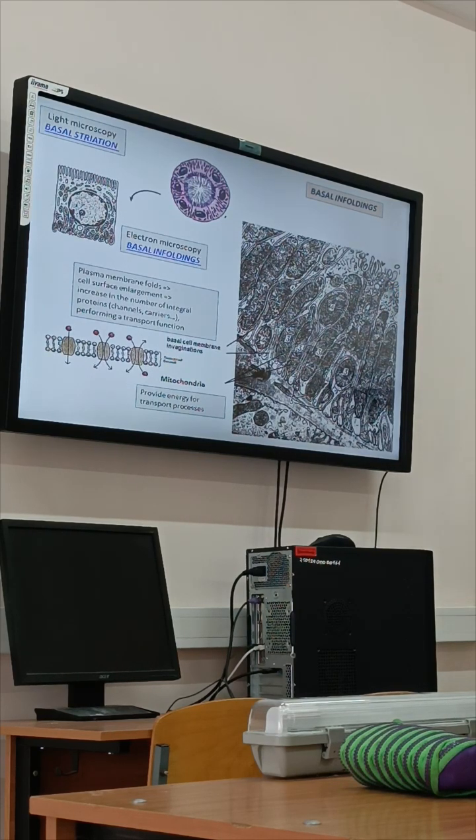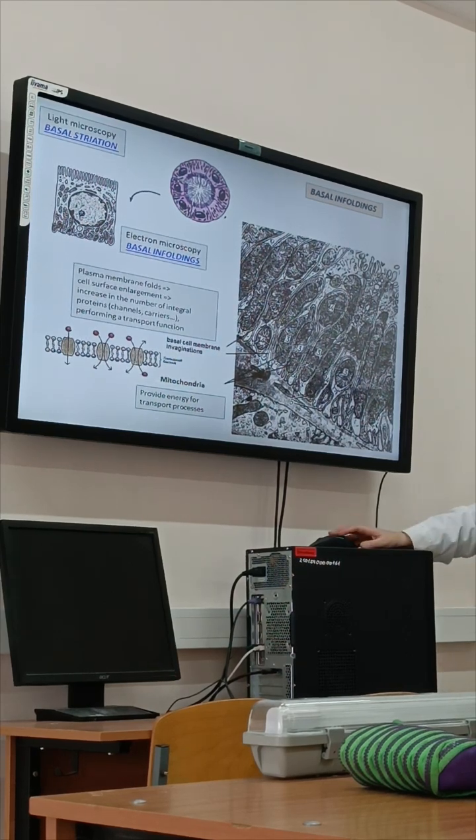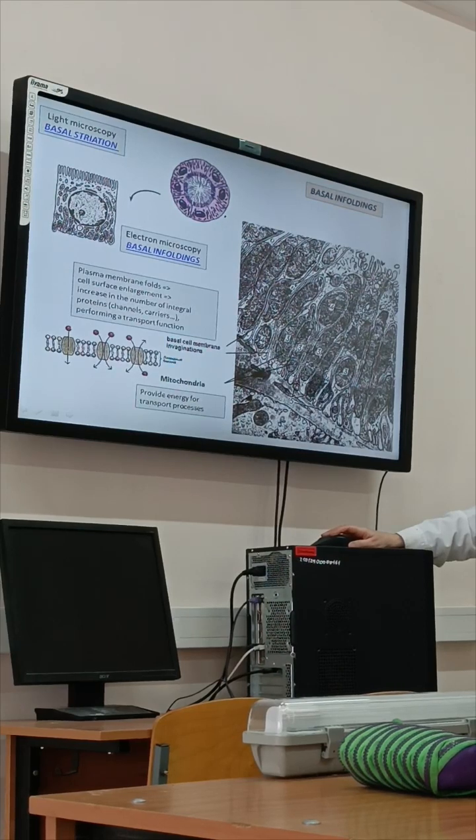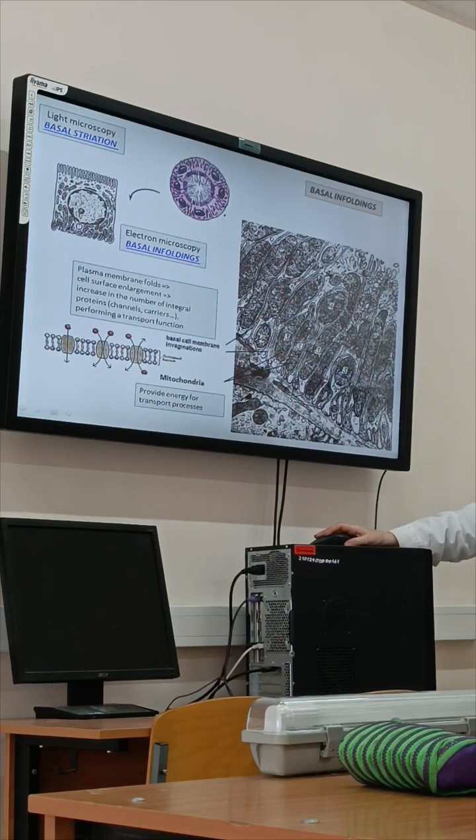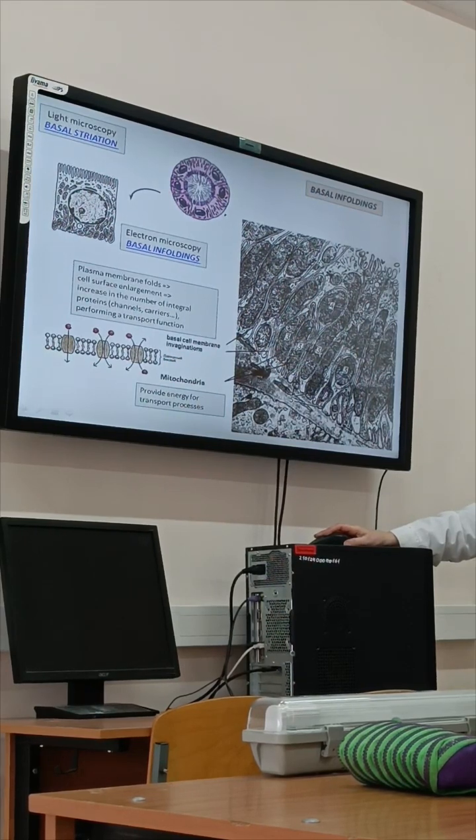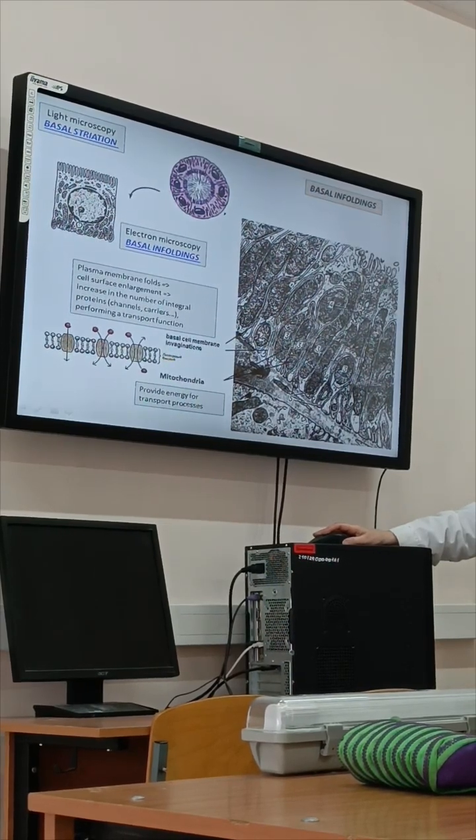This and this. These are two lines. Yes, this may be invagination, maybe cell membrane. We don't know, but we can see this electron dense and this electron dense. What is it?